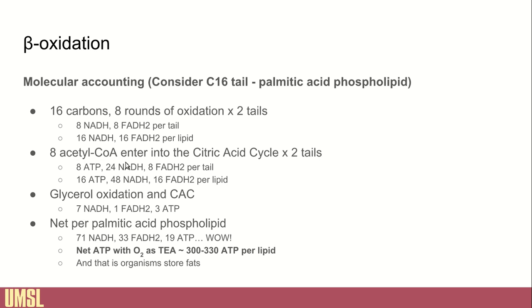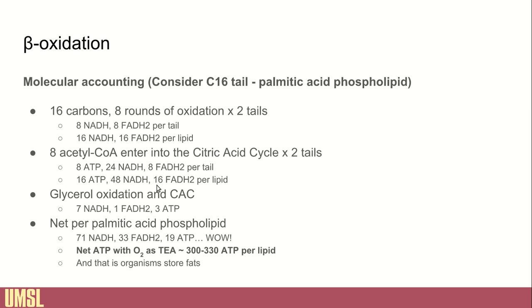So what you can now do, if we're going to talk about really extracting as much energy as possible, there are 8 acetyl-CoAs that enter the citric acid cycle, and there were 2 tails that we essentially had all of those acetyl-CoAs from. So from one single tail, you'll get 8 ATP, 24 NADH, and 8 FADH2 per tail of this phospholipid that we're talking about.